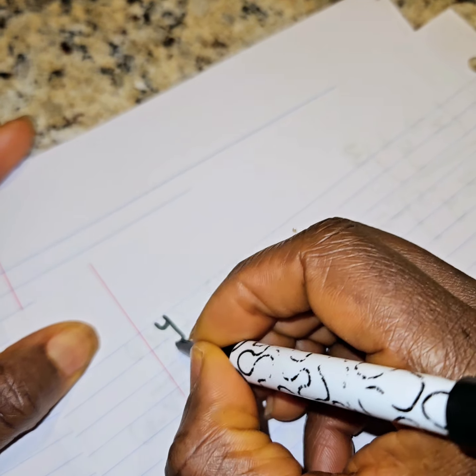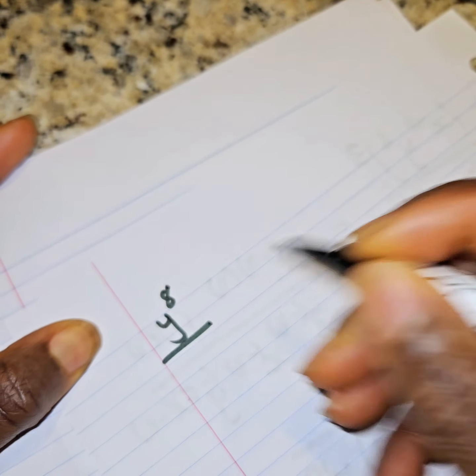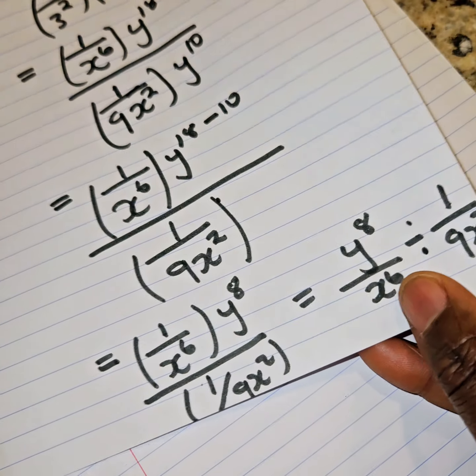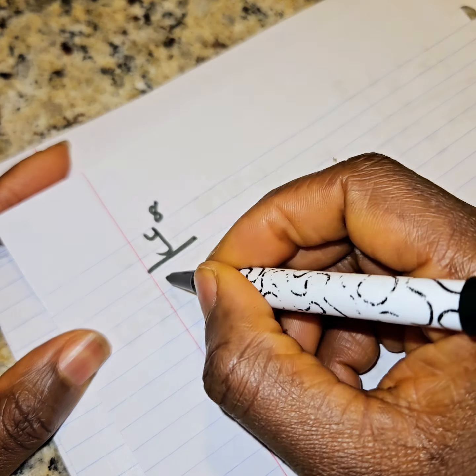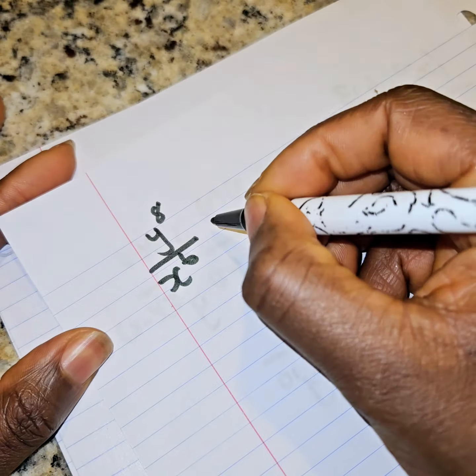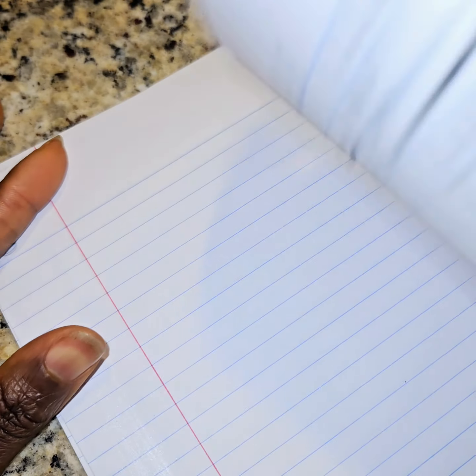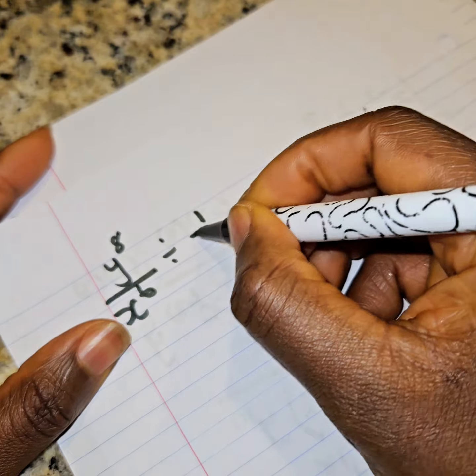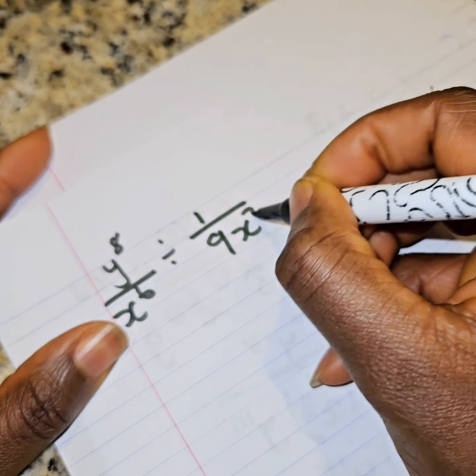So I have y to the 8 divided by x to the 6. Remember, I'm going to rewrite it first, divided by 1 over this.